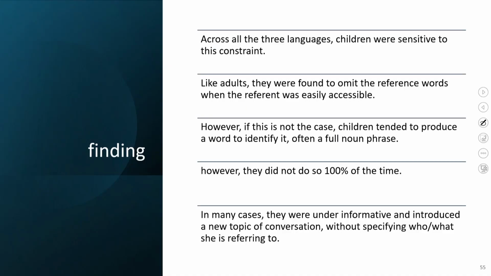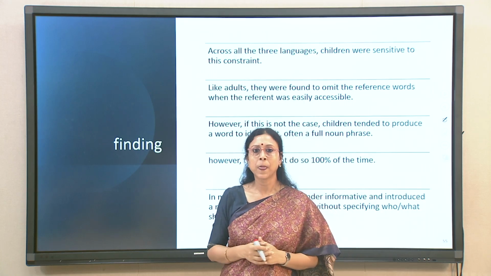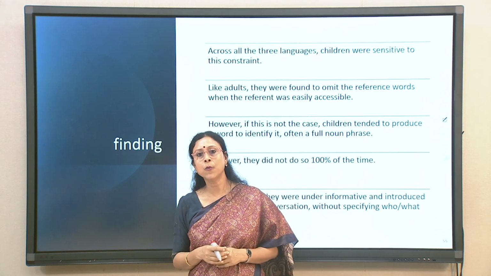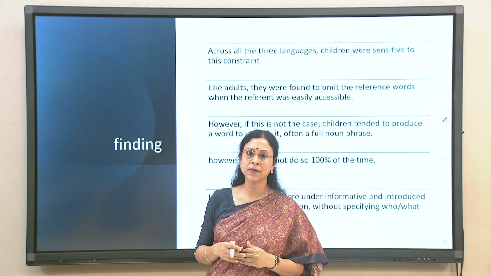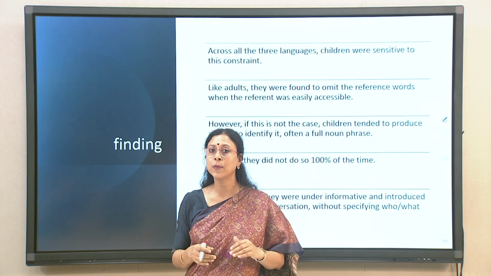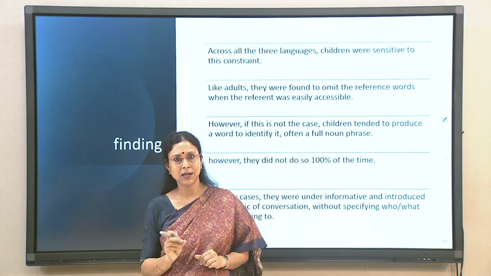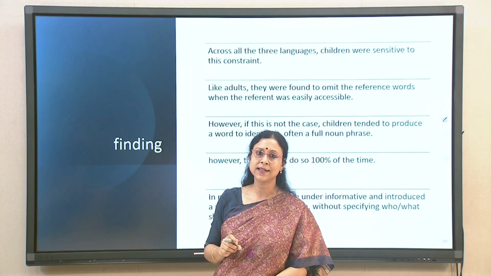So, across all these 3 languages, the result that they had was that children were sensitive to this constraint. That means, they behaved like the adults would do. Like adults, they were found to omit the reference words when the referent was easily accessible. So, they all omitted the word "the cat", not the cat itself.